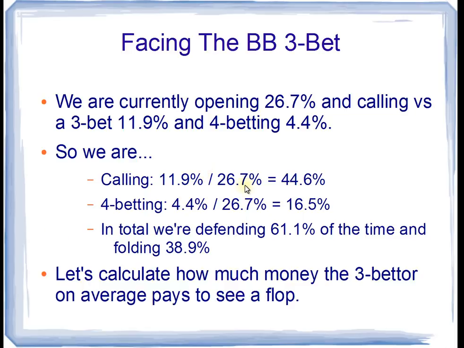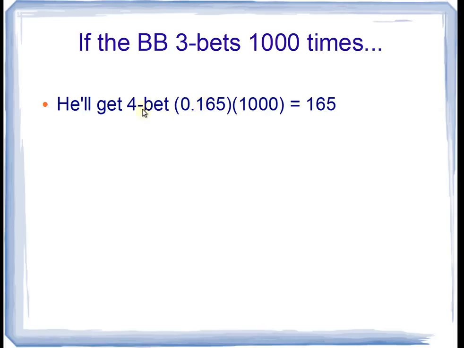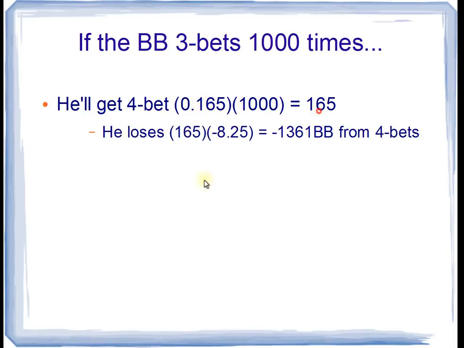All right, so let's calculate how much money the 3-better on average pays to see a flop. We're going to be doing the exact same type of math that we just did for a cutoff open. Now we're saying how much money does the big blind on average have to pay to see a flop when the big blind 3-bet bluffs? If the big blind 3-bets 1,000 times, he'll get 4-bet 1,000 times 16.5% equals 165.